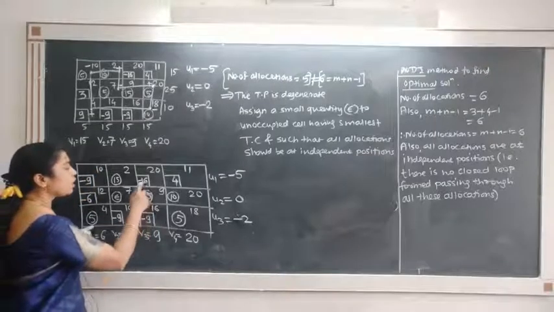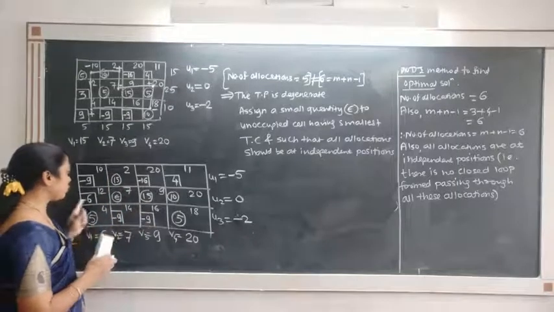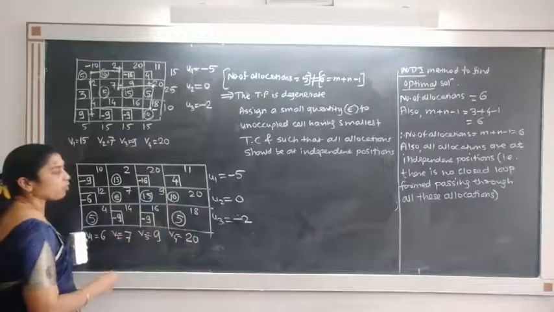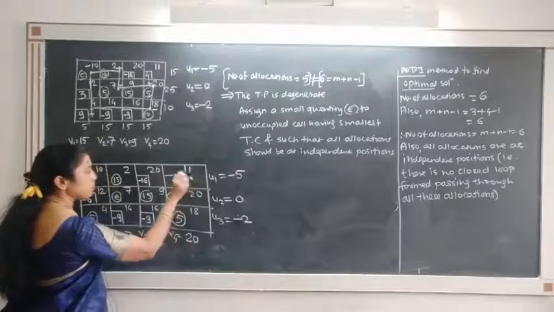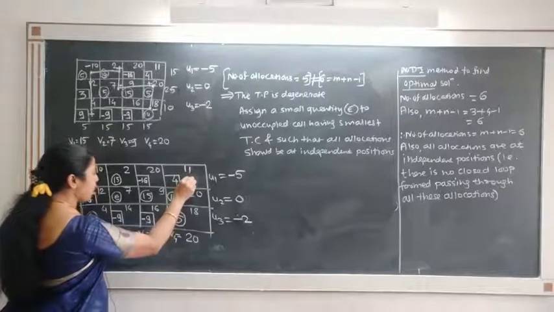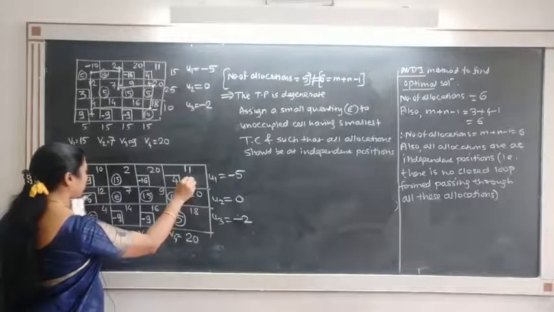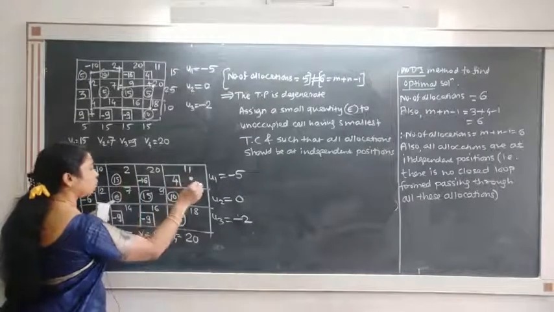Observe that we get all values of non-basic variables. Among these values of non-basic variables, the most positive value is 4 and therefore this will be the entering variable. Starting with this cell, we find a closed loop passing through the allocations.